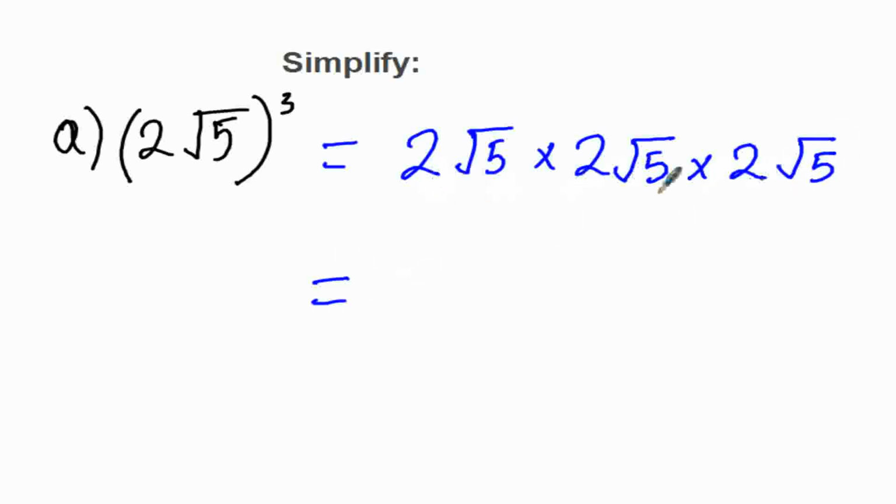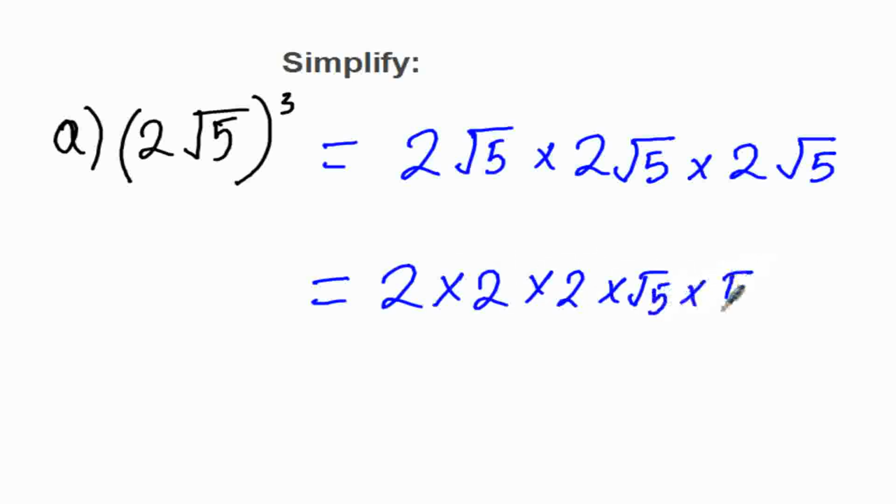Then we multiply numbers which don't have a root together and those which have a root together. So we are separating them, so that will be 2 times 2 times 2, then times root 5 times root 5 times root 5. Then 2 times 2 times 2 is 8.